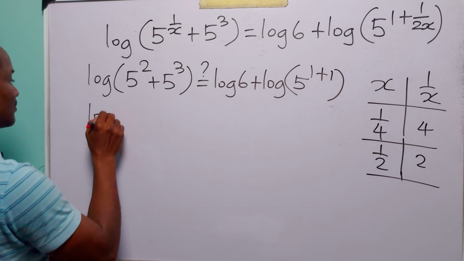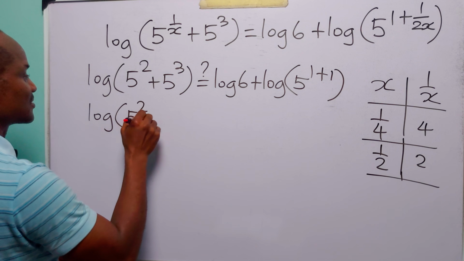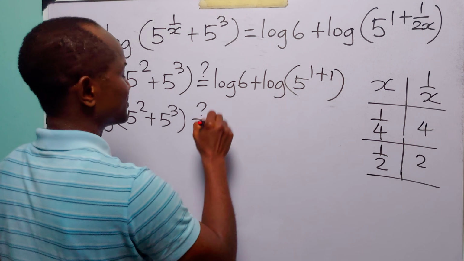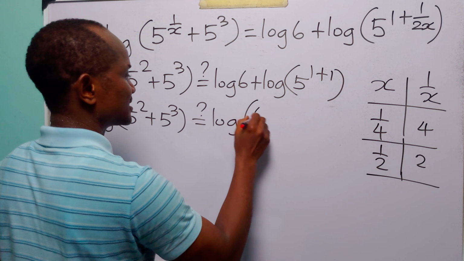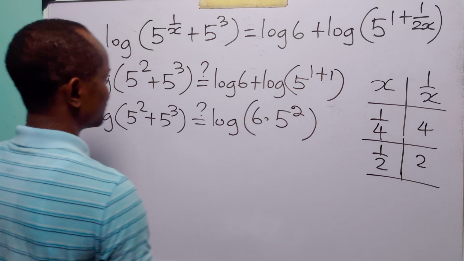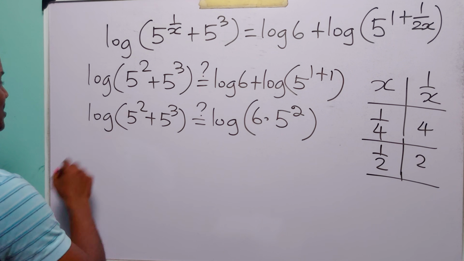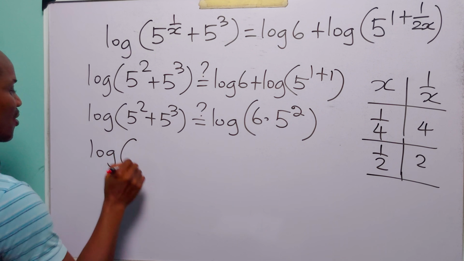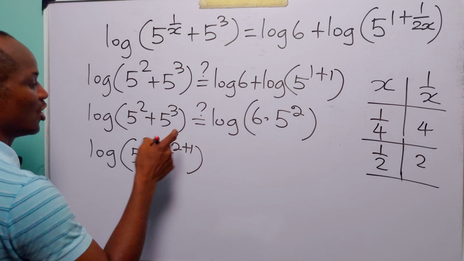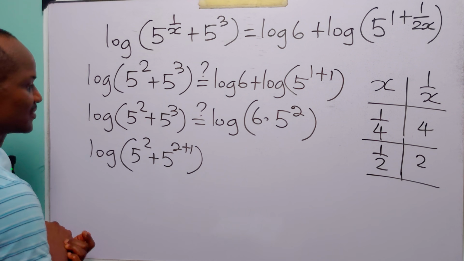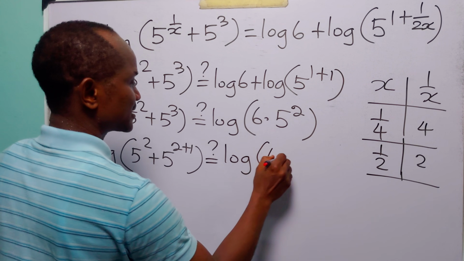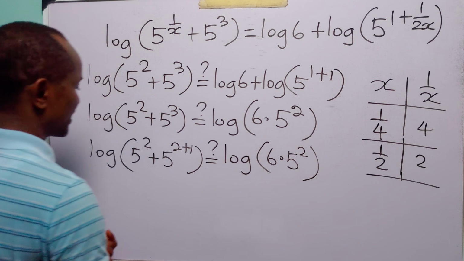Now we have log of 5 squared plus 5 cubed. Combining these two, we have log 6 times 5 to the power 1 plus 1, which is 2. Once more, we can write this as log of 5 squared plus 5 to the power 2 plus 1. Of course, 2 plus 1 is equal to 3. Here we still have log 6 times 5 squared.